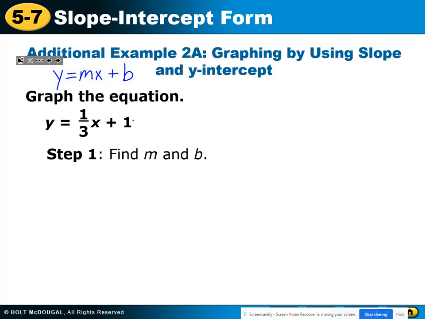Which number represents the b? 1. 1, right? We can see it right there. And then, Emmett, which number represents the m? The m? 1/3 does, right? Yeah. So we put the 1/3 in there.